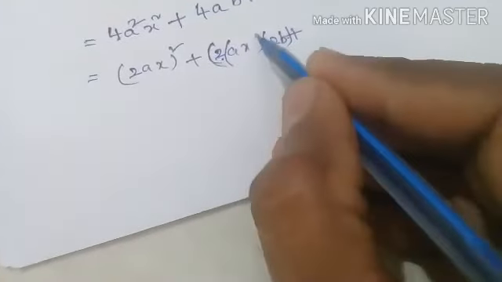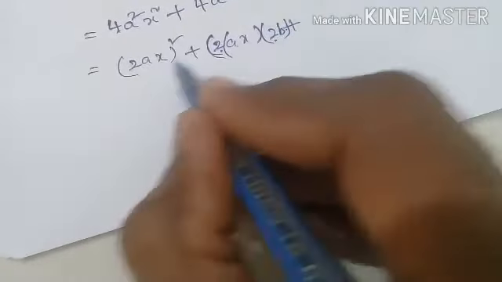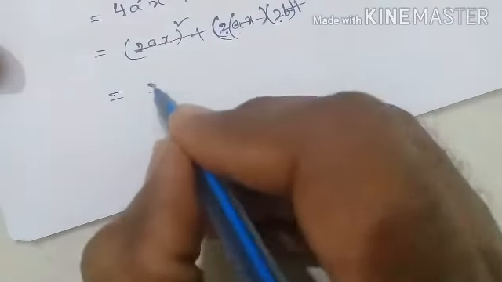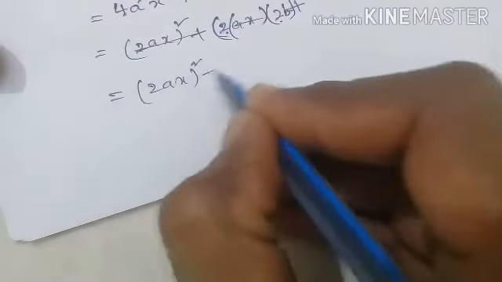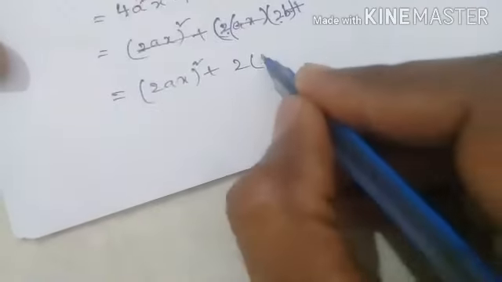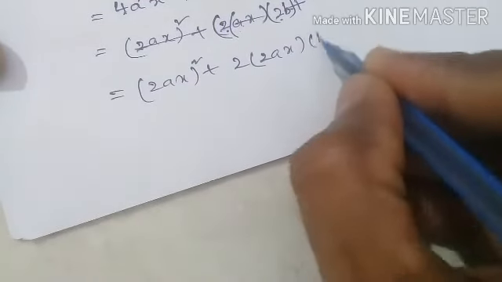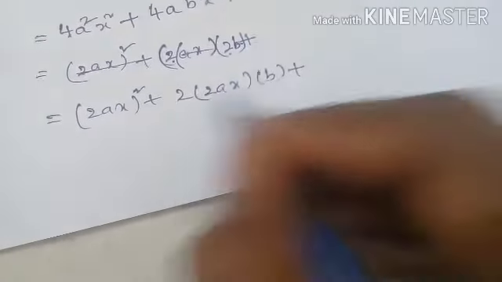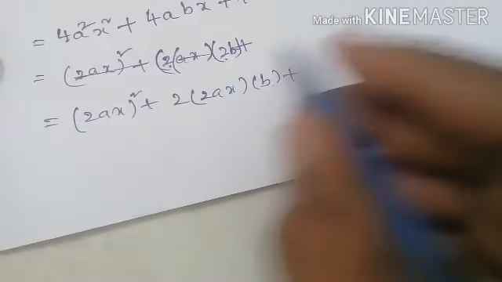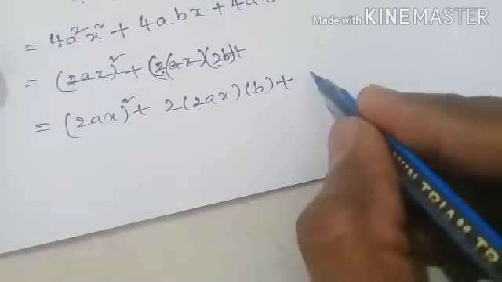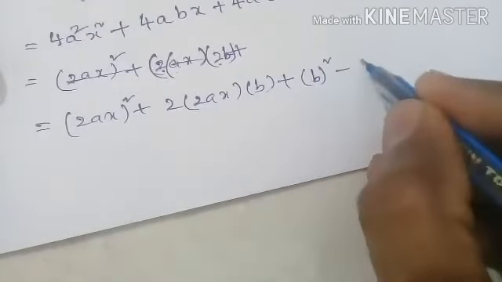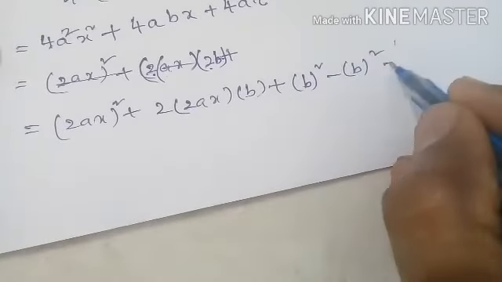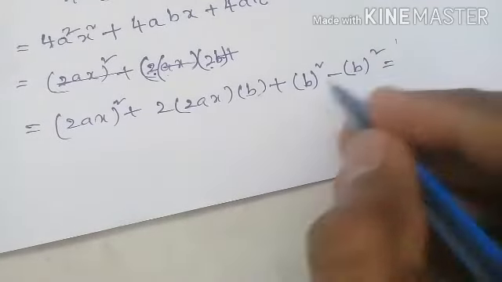Here I am writing this equation: 2ax whole square plus 2 into 2ax into b, plus we need one more term to get into the form of a plus b whole square. So we take plus b whole square and minus b whole square for adjusting. So the value doesn't change while we are writing like this.